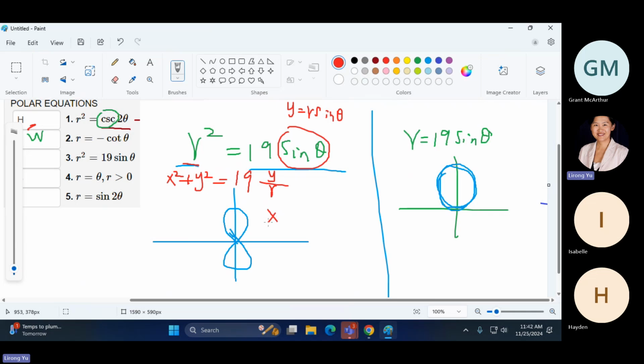We keep the y and replace r with the root of x squared plus y squared. So that's the rectangular equation. In this case, the y value has to be positive, so the picture looks like this.